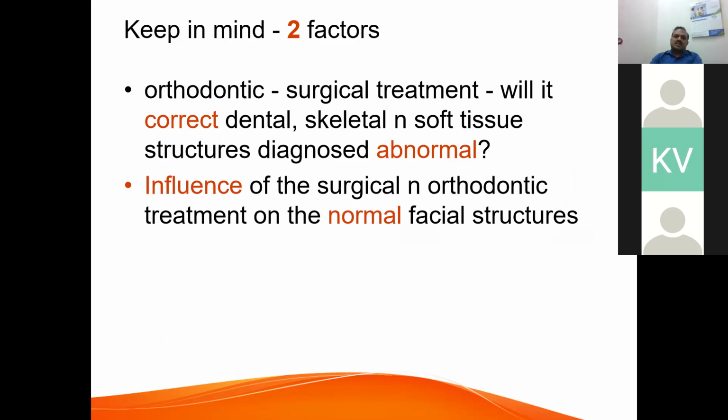One, when you do a correction with orthognathic surgery, how much the abnormal structures will get corrected, and the influence of the surgery and orthodontics on the normal facial structures. If only a mandibular deformity is there, when you are correcting it, how much change will happen in the soft tissue envelope and in the rest of the normal structures of the face.